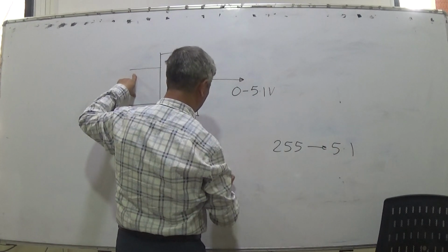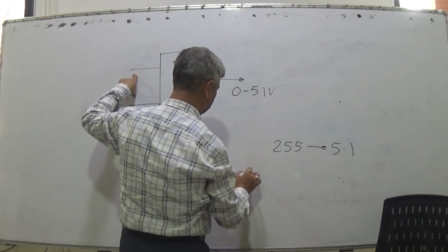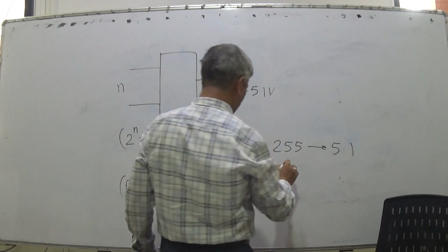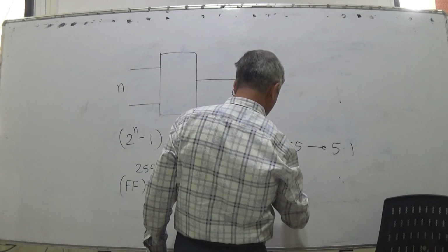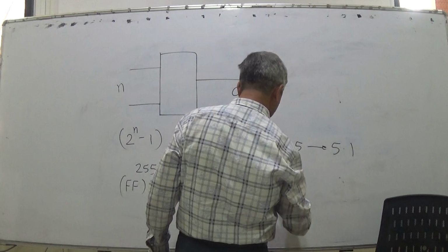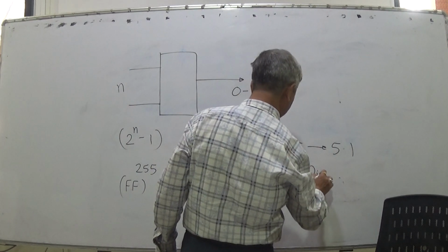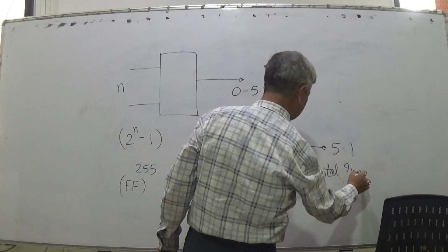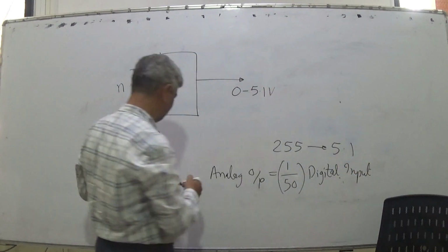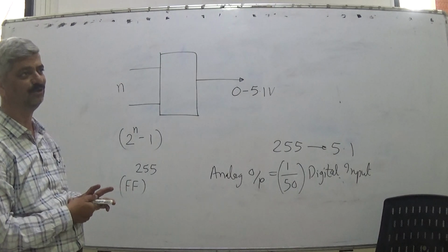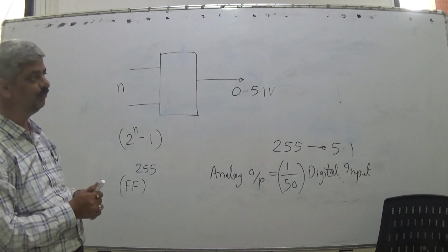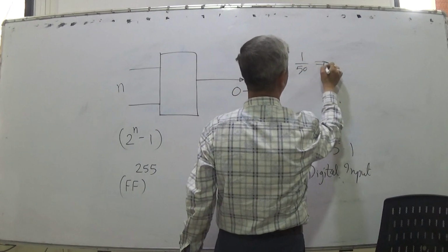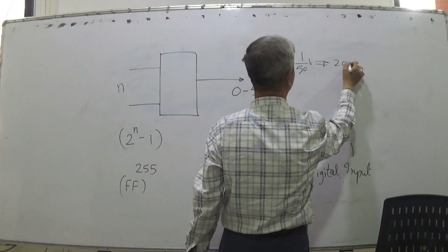So analog output is equal to 1 upon 50 into digital input. If digital input is 0 0 0 0 0 0 0 1, then output would be 1 upon 50 volts, or 20 millivolts.